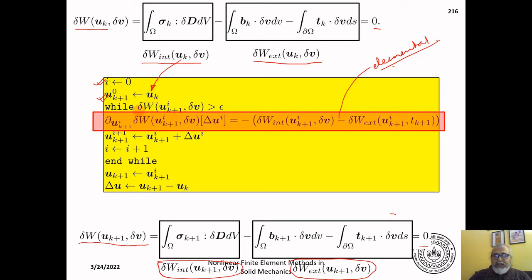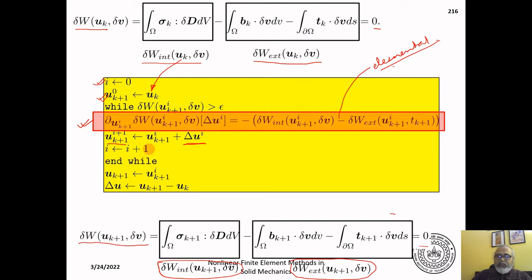Now, while del W for uk plus 1 is greater than a small tolerance, we do this step for each and every element. Then we assemble the results of this step, that means assemble the left hand side and the right hand side. After doing that, we update. At the end of that process, we get a new displacement increment delta ui. We add that to the ith iteration to get the value for the i plus 1th iteration.